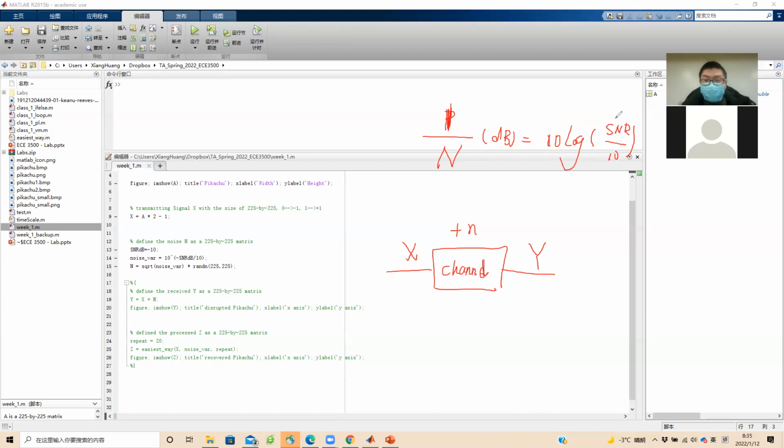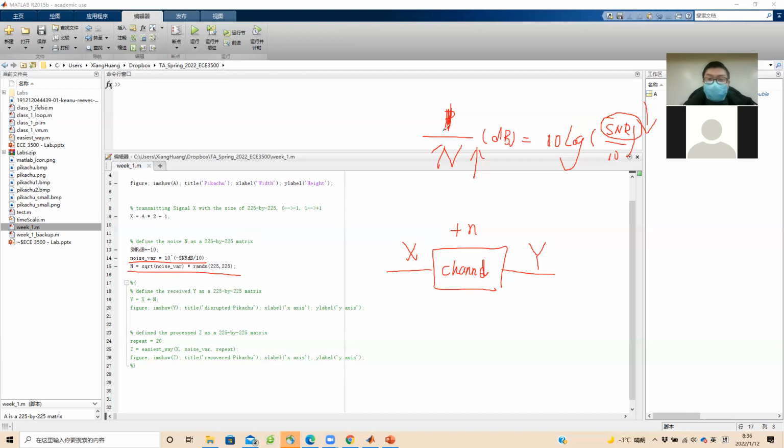But if we want the ratio to be small, the noise power should be high. In this way I have defined the noise power, and this N matrix is a 225 by 225 noise matrix.